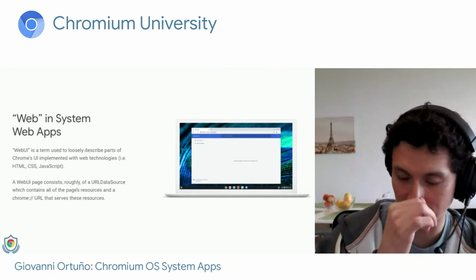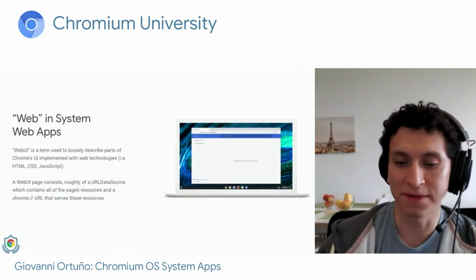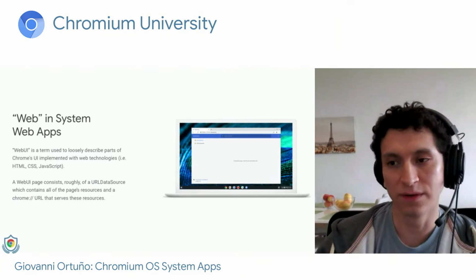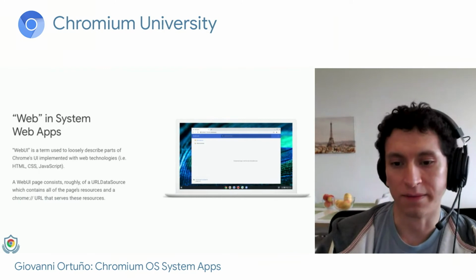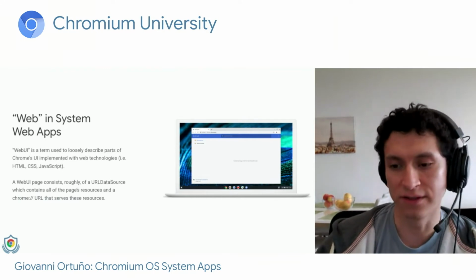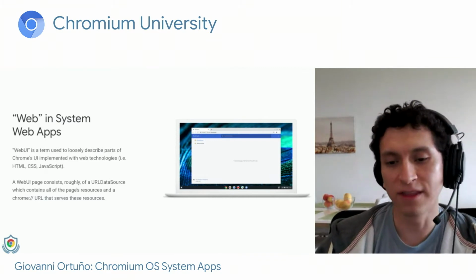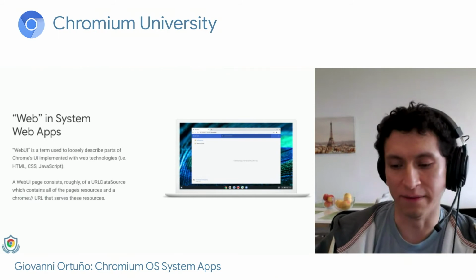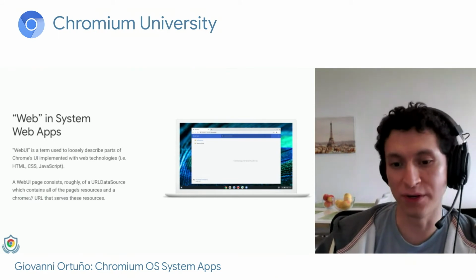So let's dive into a little bit more detail about each of the things. The web and system web apps, as I mentioned before, we use Web UI for this. A lot of Chrome pages are implemented using Web UI, so it's a good fit for system web apps. You can think of Web UI as the server of the page, of a Chrome URL.